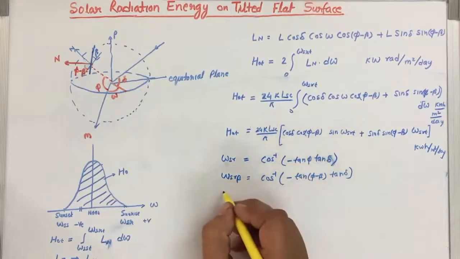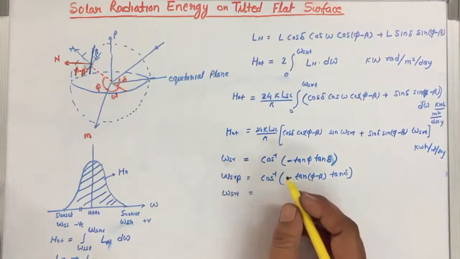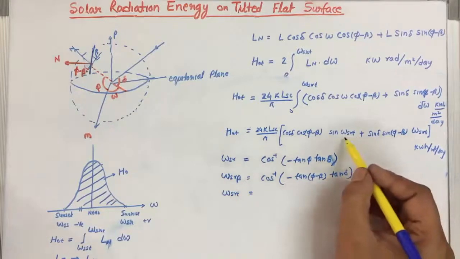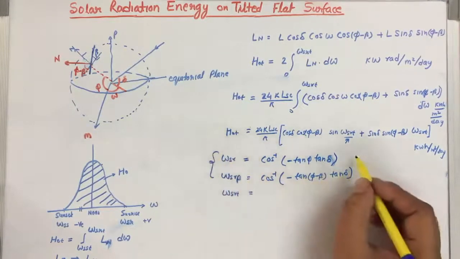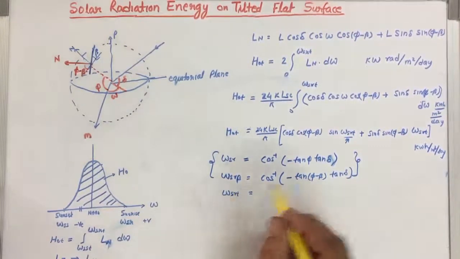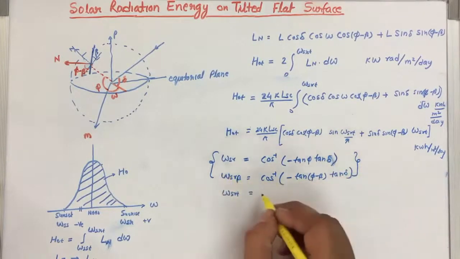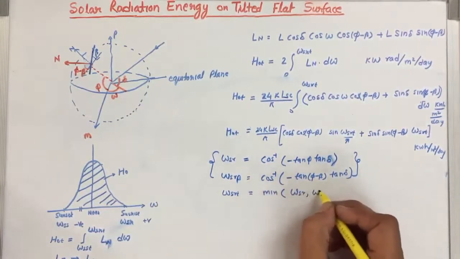The sunrise hour angle for the tilted surface will be the minimum of these two.